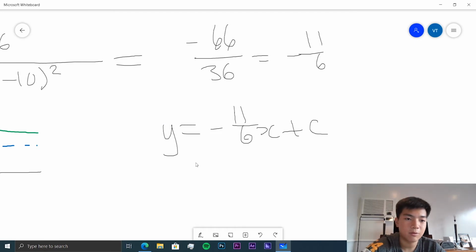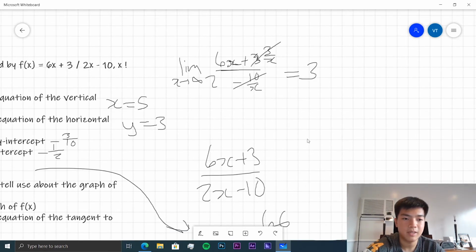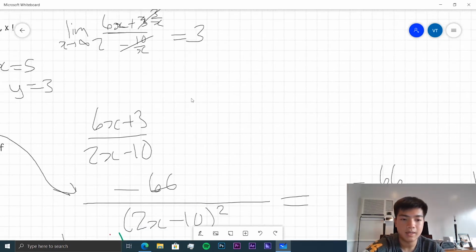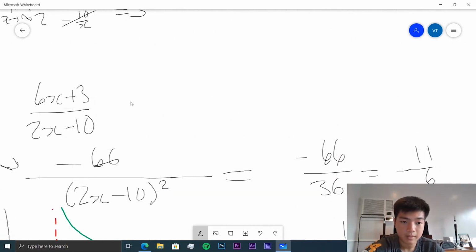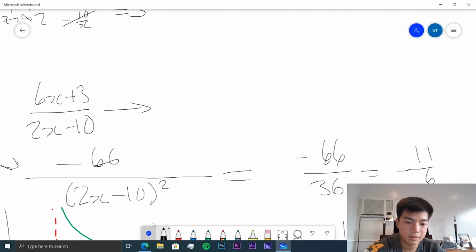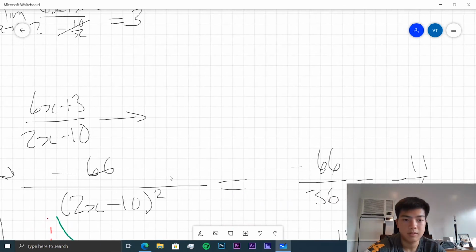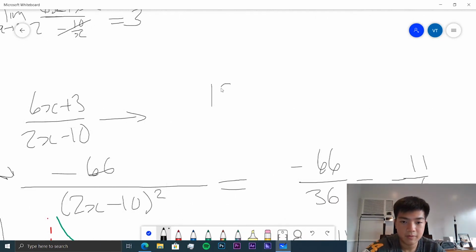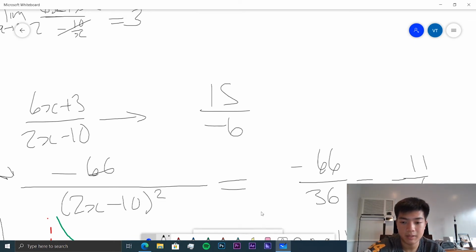We need to find the y-coordinate at this point on the curve. So when x equals 2, we have 15 over (2 times 2, 4, minus 10), 6. So this is the y-coordinate.